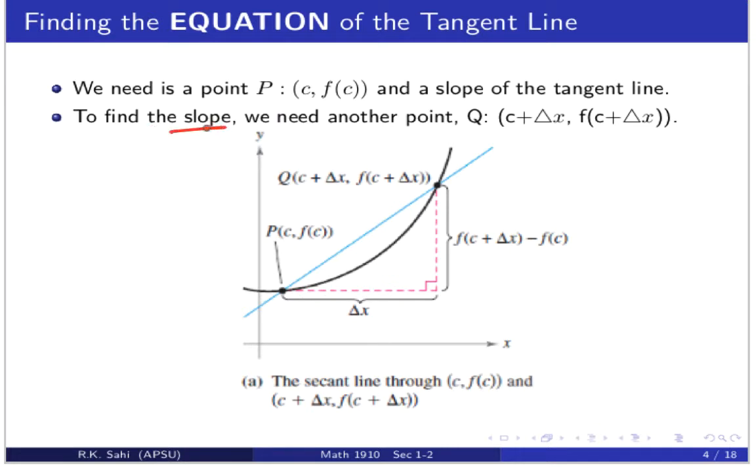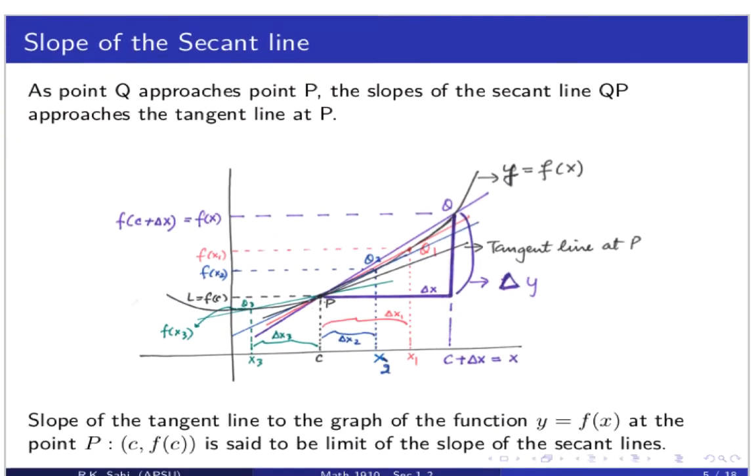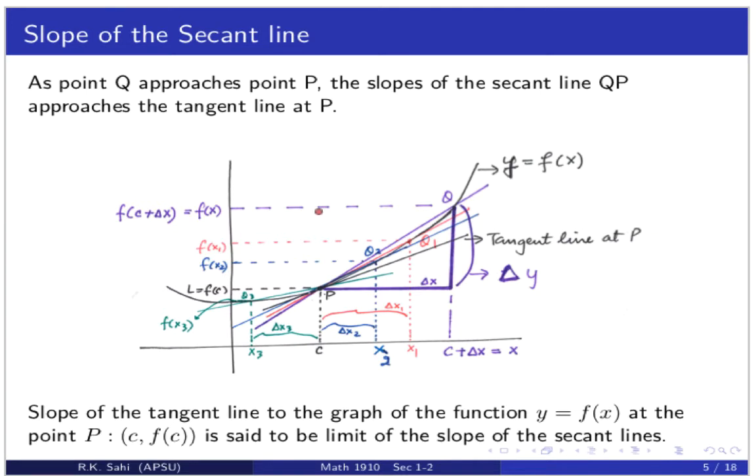So to find the slope, we need another point Q apart from P. And then we draw a secant line through the points Q and P. Then we look at various points Q on the graph of the function y equals f(x), and we look at the slopes of all these various secant lines.